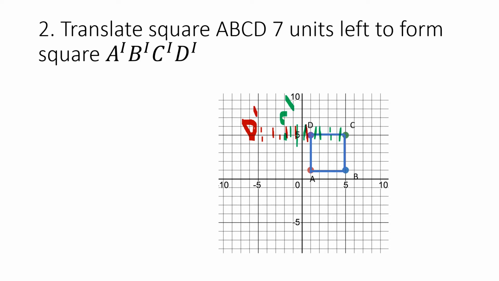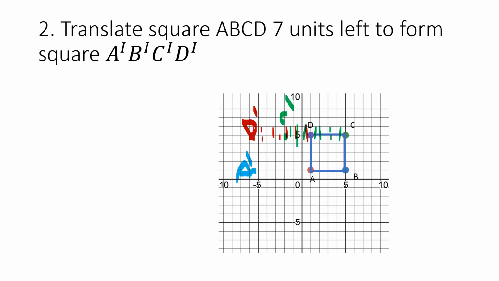A prime is right there, this dot right here, A prime.